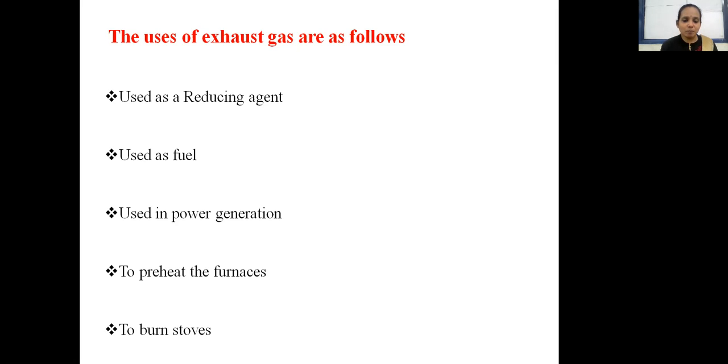Then the blast of air will be preheated to around 1200 to 1300 degrees Celsius. Next, it is moved through the bustle pipe into the blast furnace as an oxidizing agent. So these are all the exhaust gas utilizations.